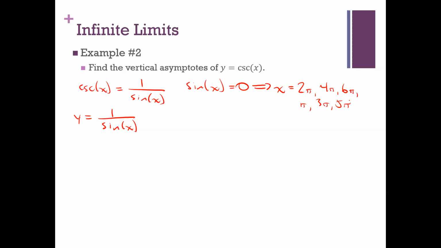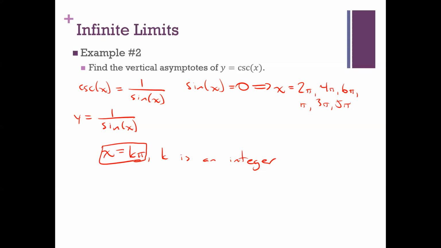So another way you can say that is this: x equals k pi, where k is an integer. We okay with this? Have we seen this graph before?